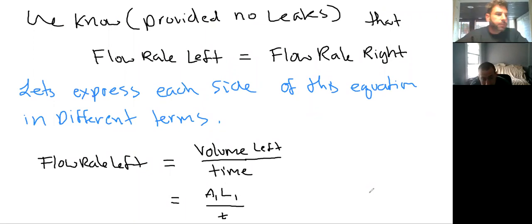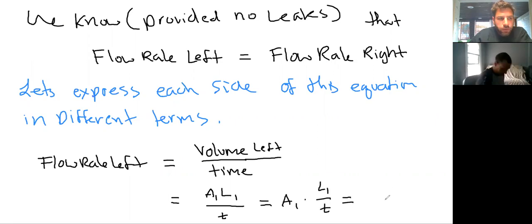Now, the key observation to make is that speed is hiding in this expression because L1 over T is speed. So if we go back to our arithmetic, I can write this as A1 times L1 over T, which is just equal to A1 times V1.